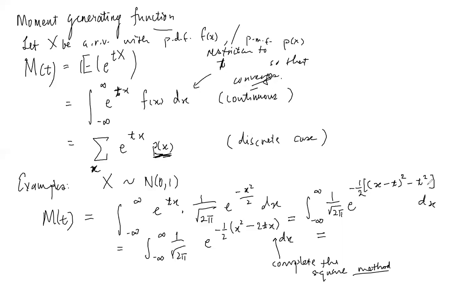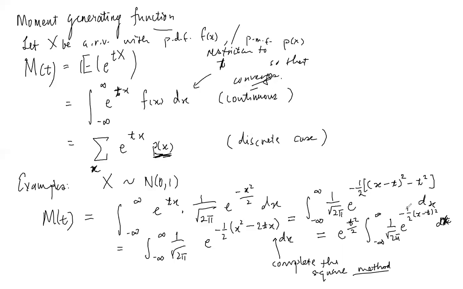Here you can take out e^{t^2/2}, then you have 1 over square root of 2 pi, e^{-(1/2)(x-t)^2} dx.